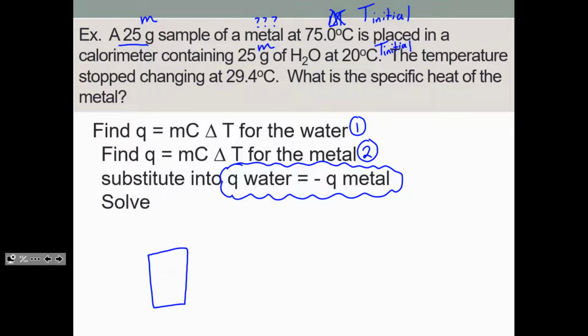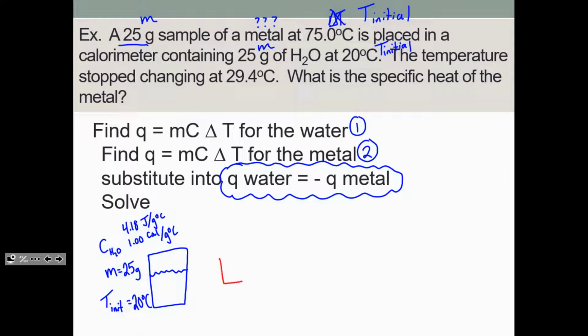The water, we have a mass, 25 grams. Got some water in there. The temperature, initial, is 20 degrees Celsius. We also know the specific heat of H2O, which is either 4.18 joules per gram Celsius or 1.00 calories per gram Celsius.